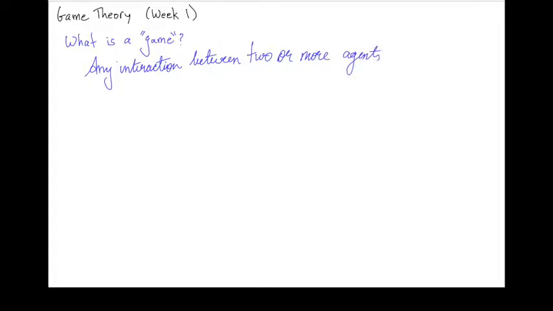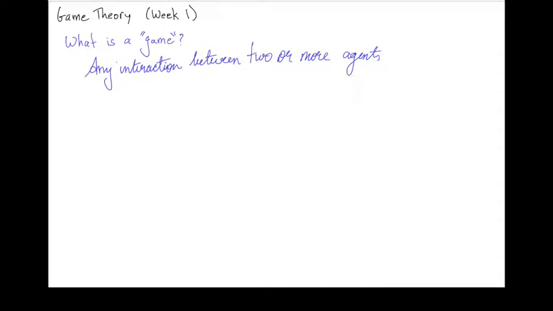So while you can think of simple things like a game of chess or a game of tic-tac-toe as being a game, you can also think of international peace treaty negotiations as a game. So very important things as well as trivial things are all still games. So what we're going to try and do in this course is try to develop a way to study these strategic interactions between various agents.